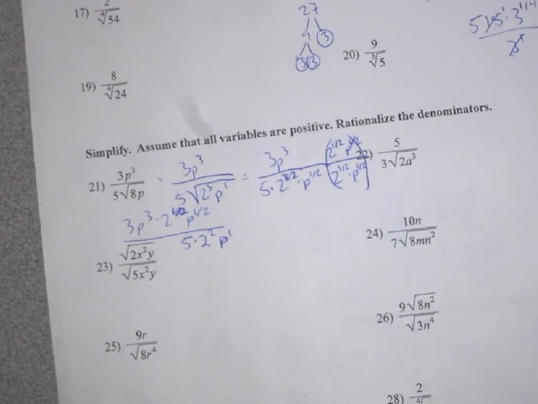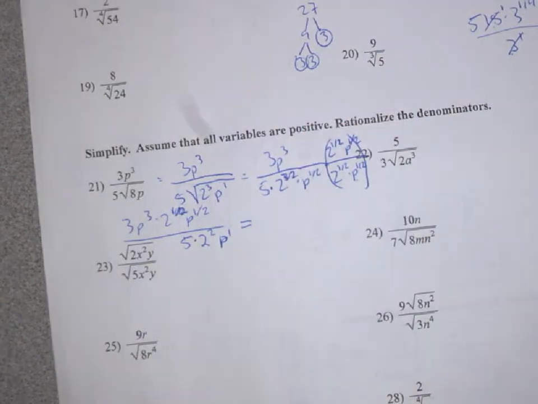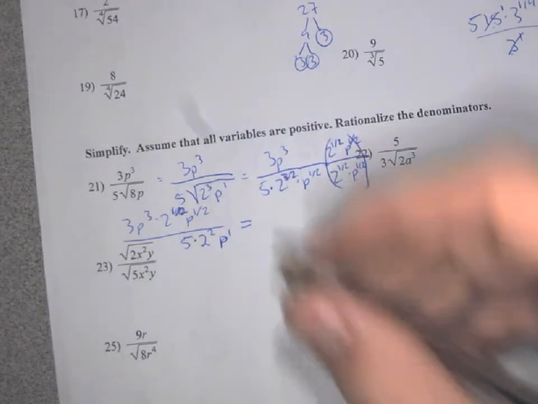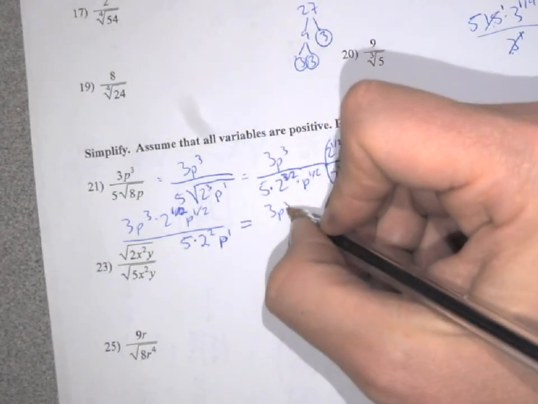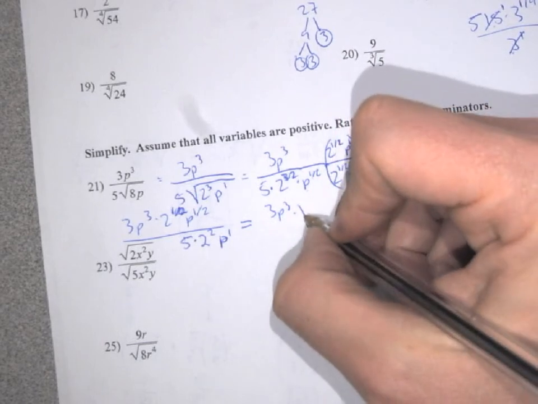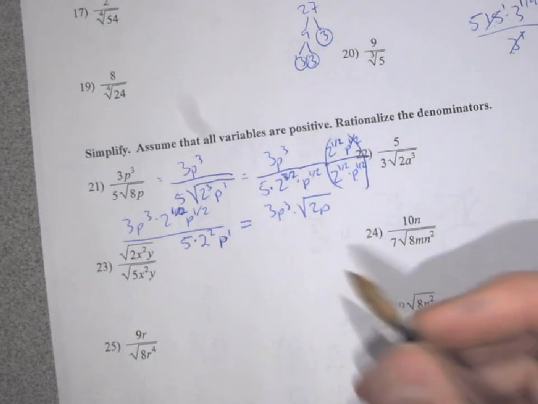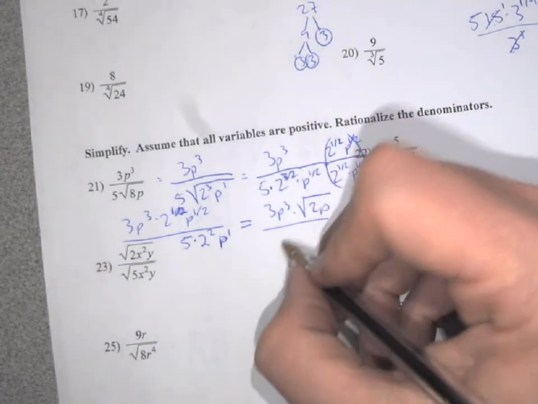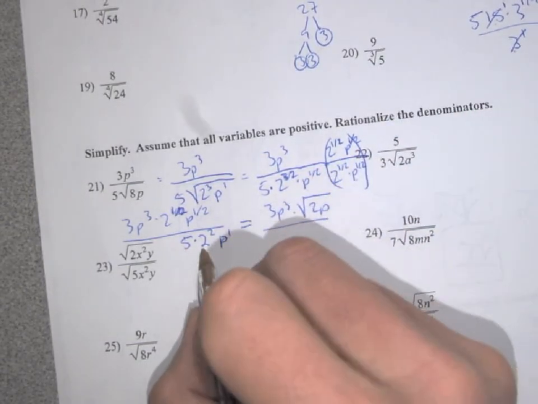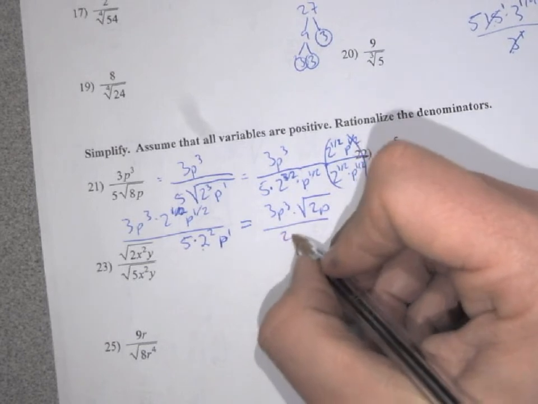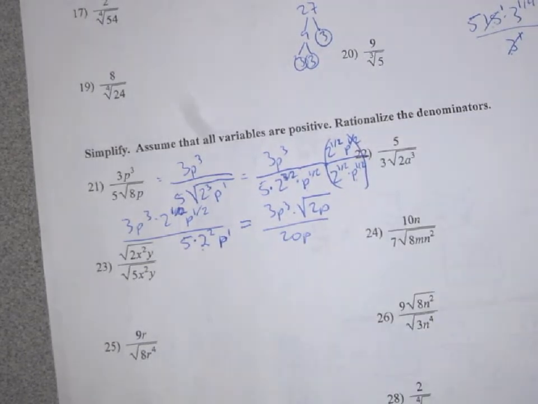Okay, so changing this back into root form, I have 3p to the 3rd times the square root of 2p, because 2 to the 1 half and p to the 1 half are just square roots, over 5 times 4, that's 20, and then another p.